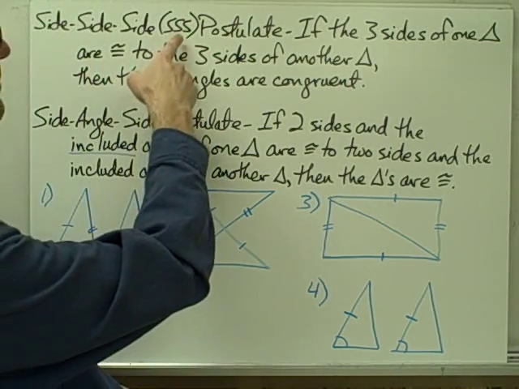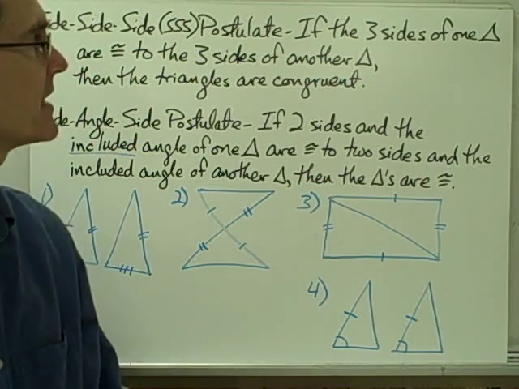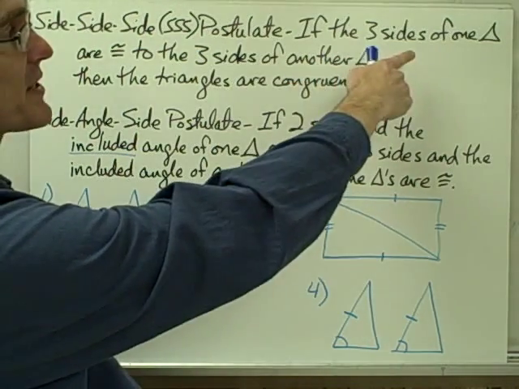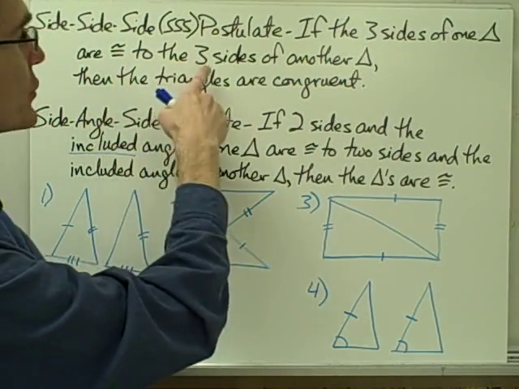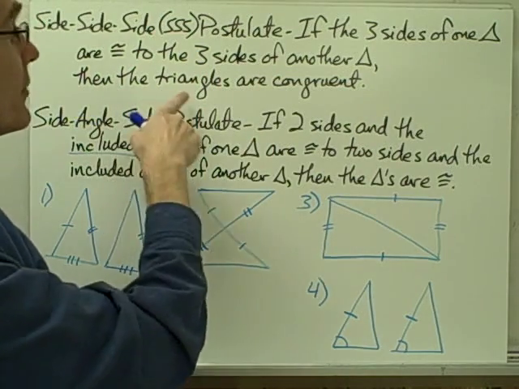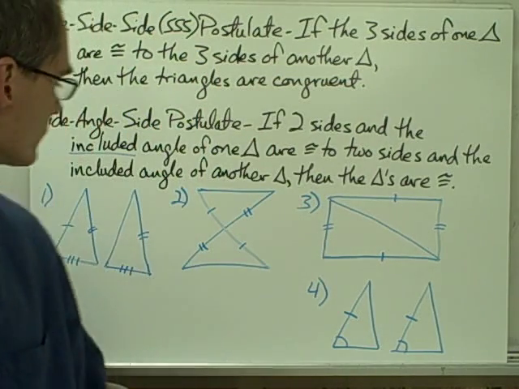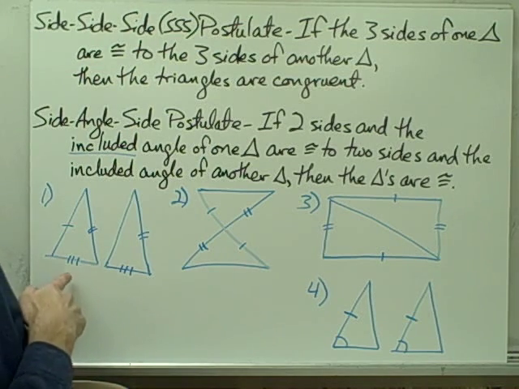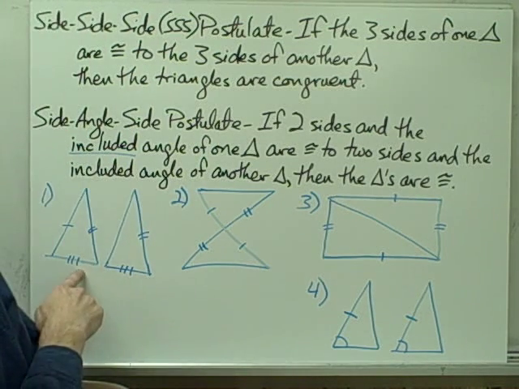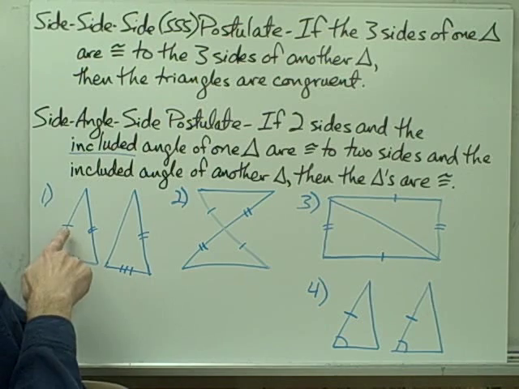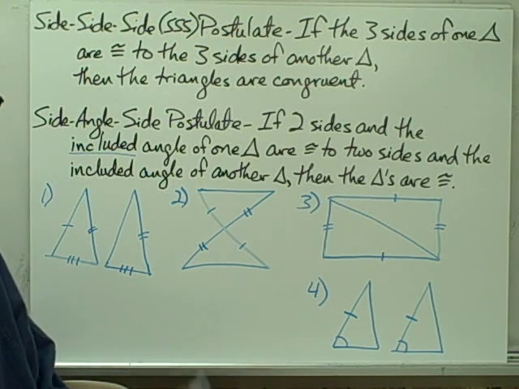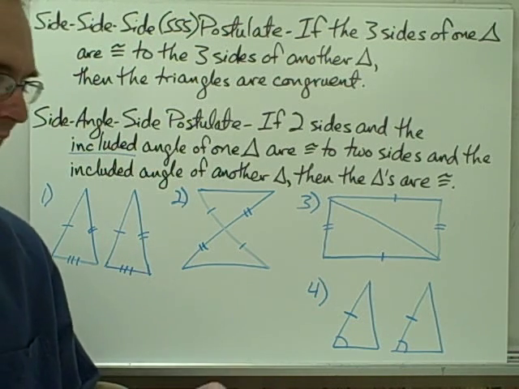So the side-side-side postulate, which is abbreviated SSS, just says if the three sides of one triangle are congruent to the three sides of another triangle, then the triangles are congruent. And we can see an example of that here in example number 1 in your notes. You've got a picture of two triangles, and the three sides, oops, there's a missing hash mark there.